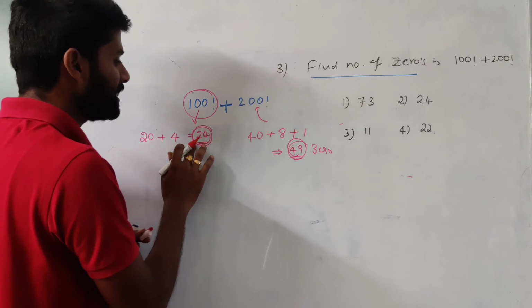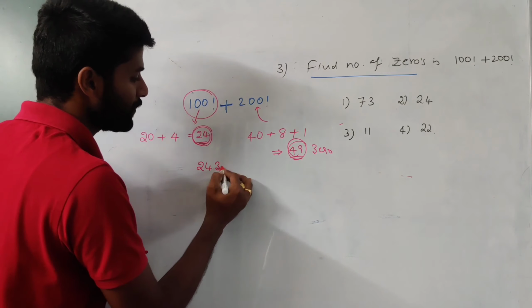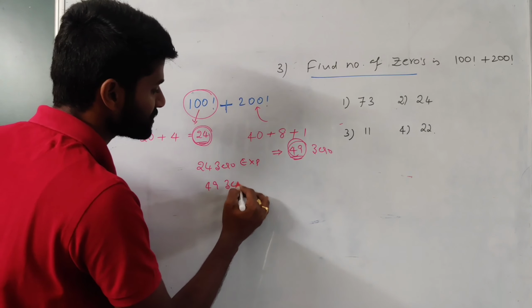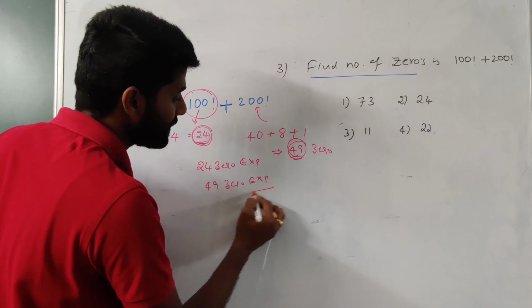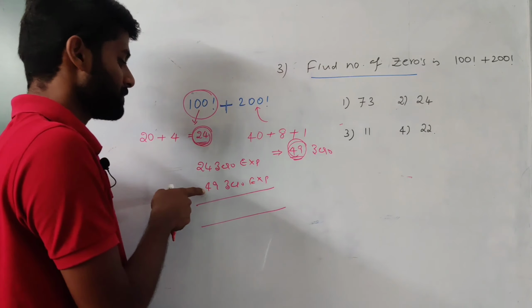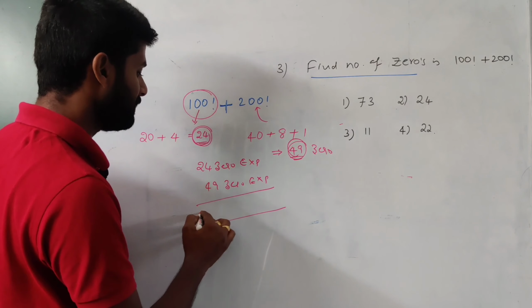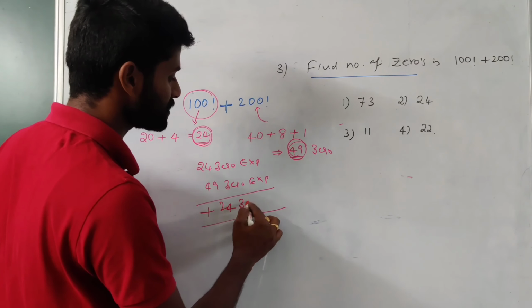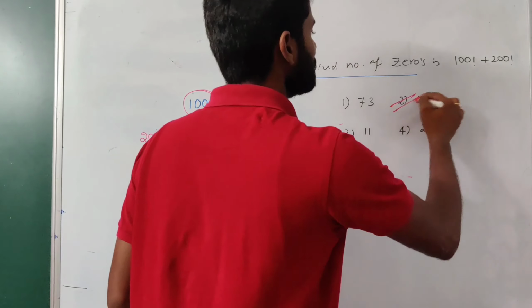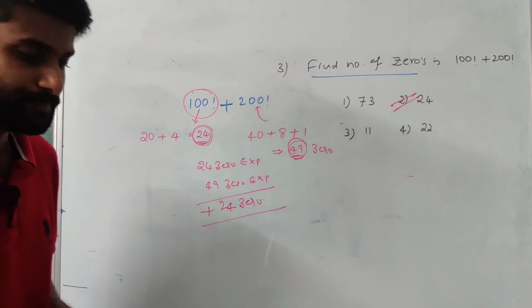If you add the 24 zeros expression and the 49 zeros expression, the minimum number defines the answer. Means 24 zeros plus 49 zeros always indicates 24 zeros only. The minimum number defines the number of zeros. So the answer is 24.